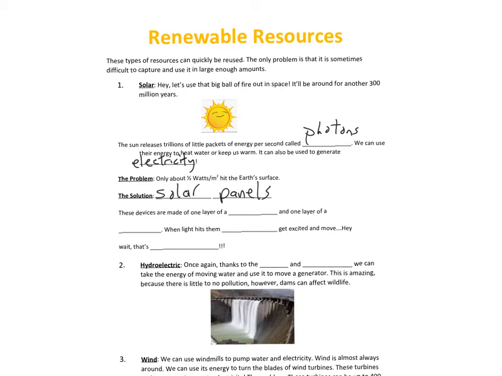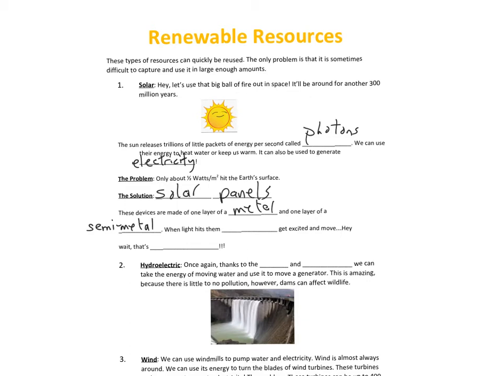These are devices made of one layer of a metal, a sheet of metal, and then one layer of something called a semi-metal. There are different elements that exist on the Earth and throughout the universe, and some of them are classified as metals. You're familiar with them: things like copper, nickel, cobalt, iron, and mercury.